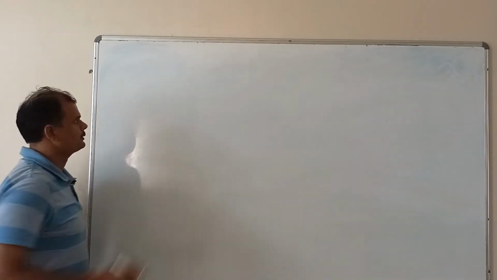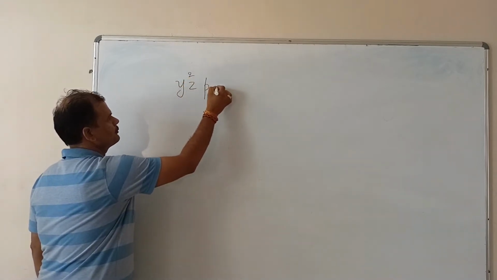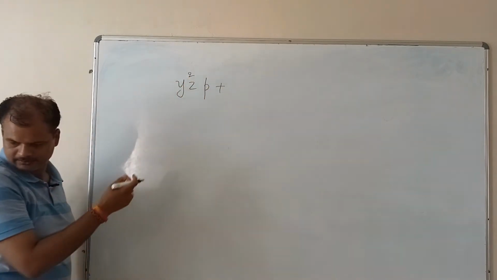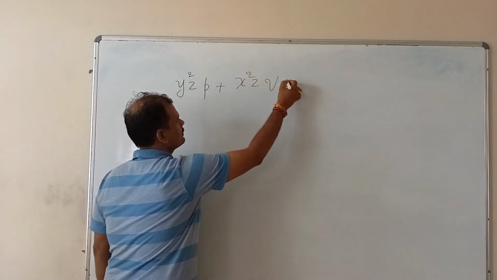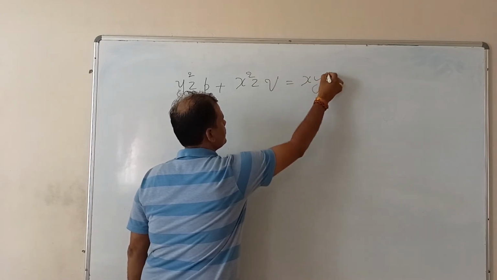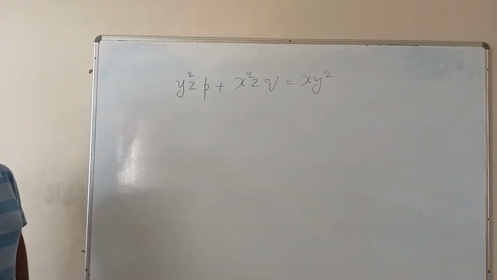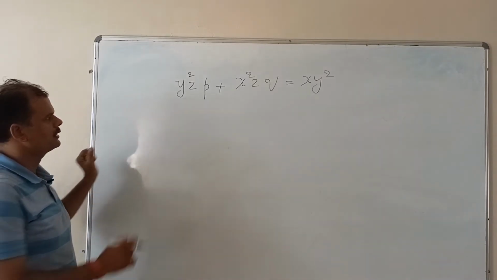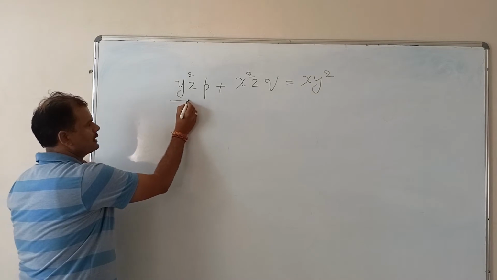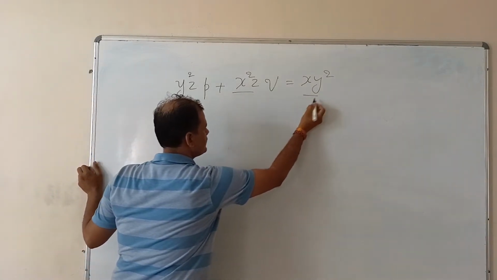I have the first problem: y square z p plus x square z q equal to x y square. So this is your given partial differential equation. So capital P equal to y square z, capital Q equal to x square z, and R equal to x y square.